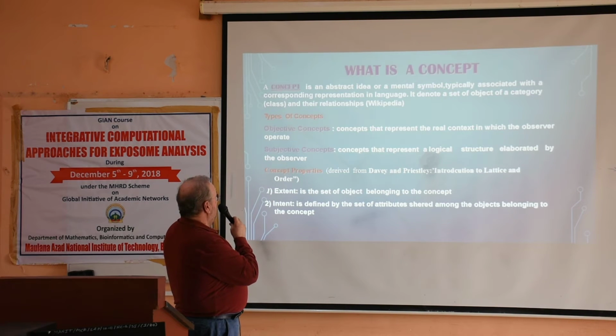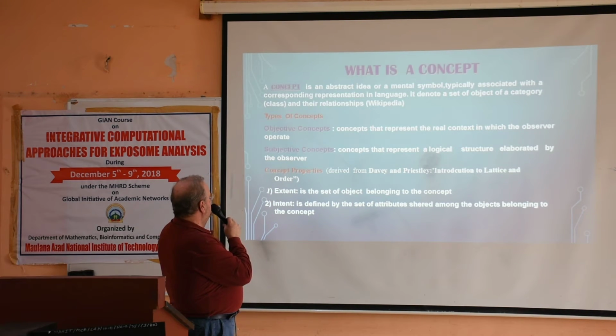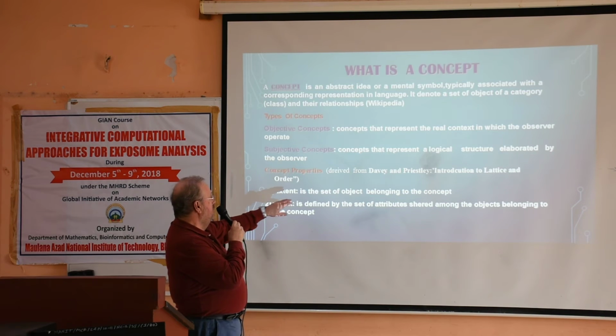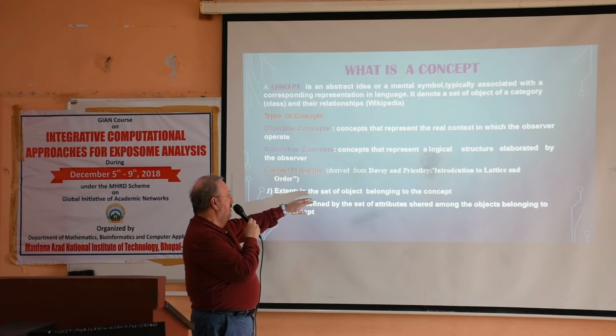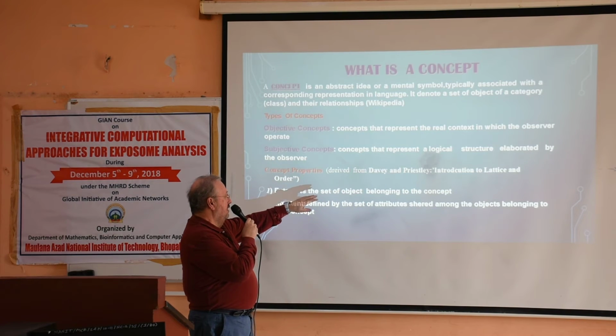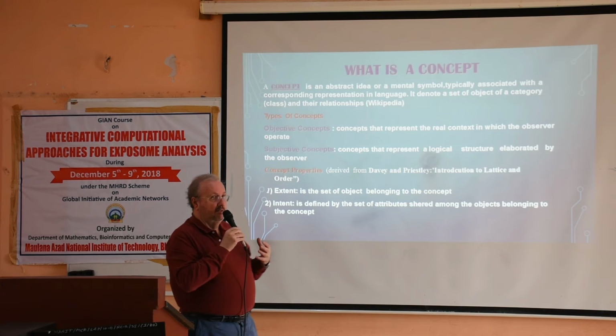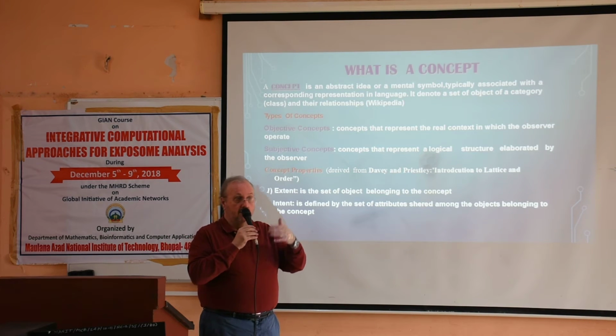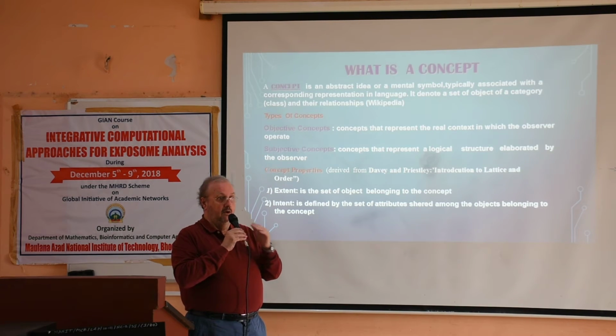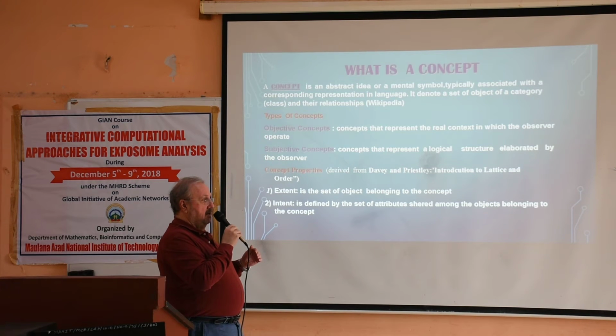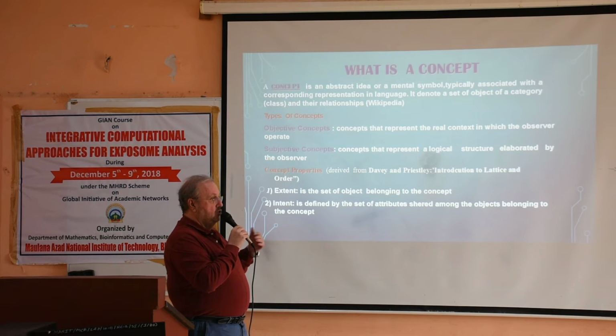The concept has some properties. The extent is the set of objects belonging to the concept. The objects are the elements, or the features at low level, that originate the concept.